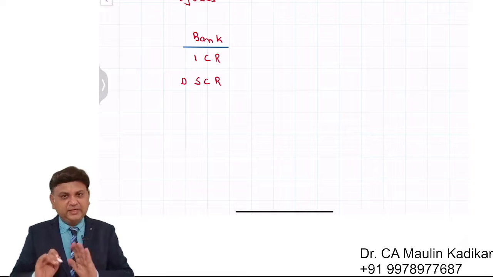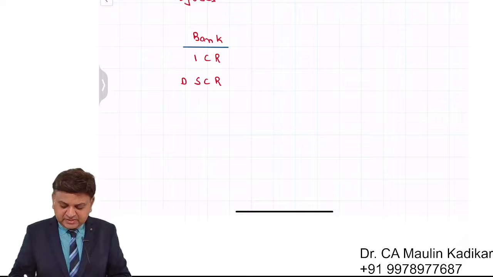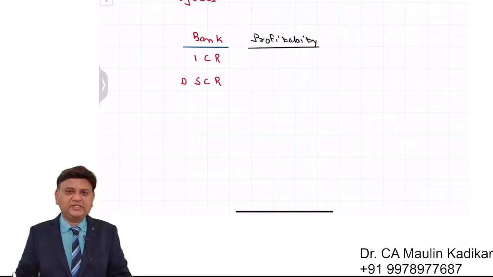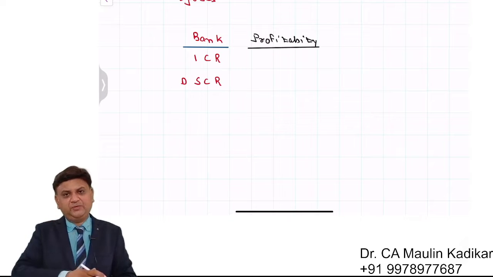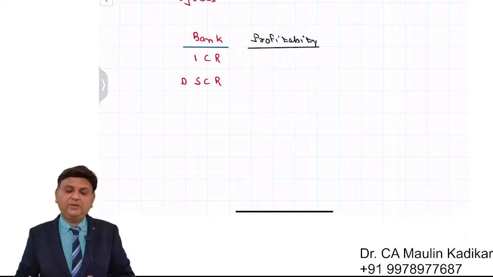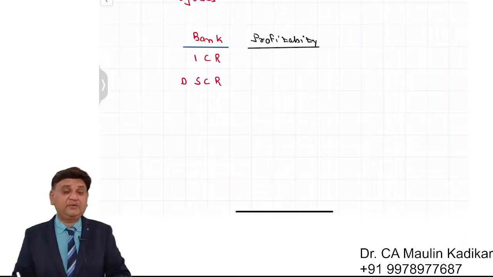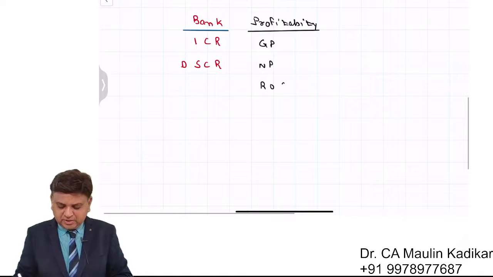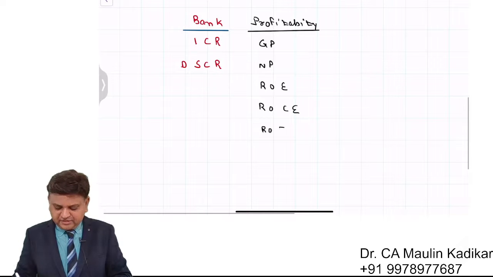Next, don't write anything, let us understand. There will be certain ratios that will measure the profitability of the company. We understand that to measure the profitability, maybe from the management point of view, maybe from the investor point of view, profitability is something which everybody would like to know. So it is gross profit ratio, net profit ratio, return on equity, return on capital employed, return on investment.